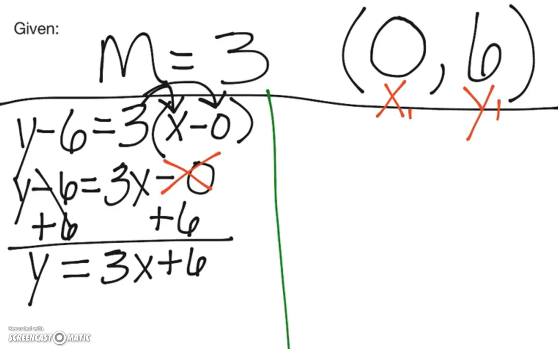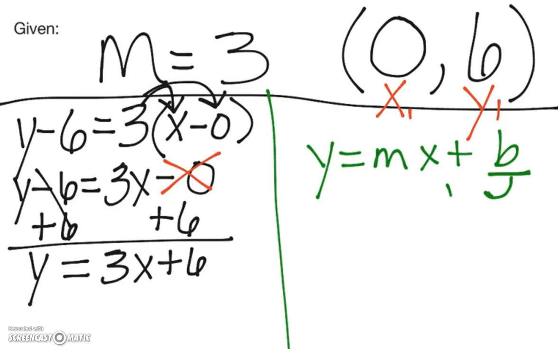Now, like I was saying a moment ago, if you realize that you have a y-intercept for your coordinates, you can also go ahead and plug this into your y equals mx plus b formula right from the beginning. And on this kind of problem, it will save you a lot of time and energy. So if you remember, b is your y-intercept. Label that here.